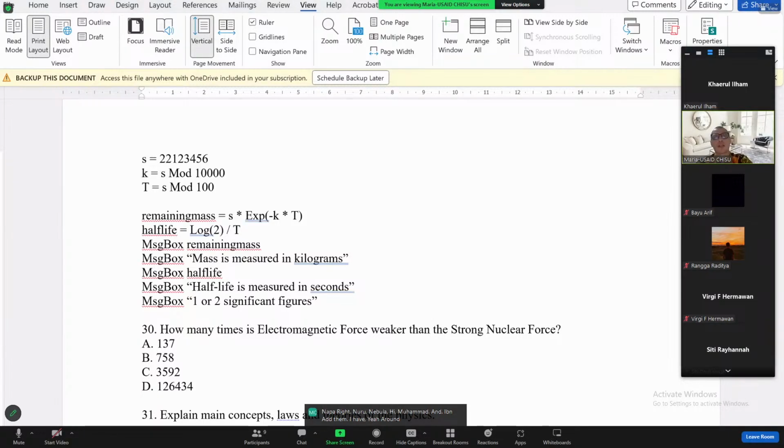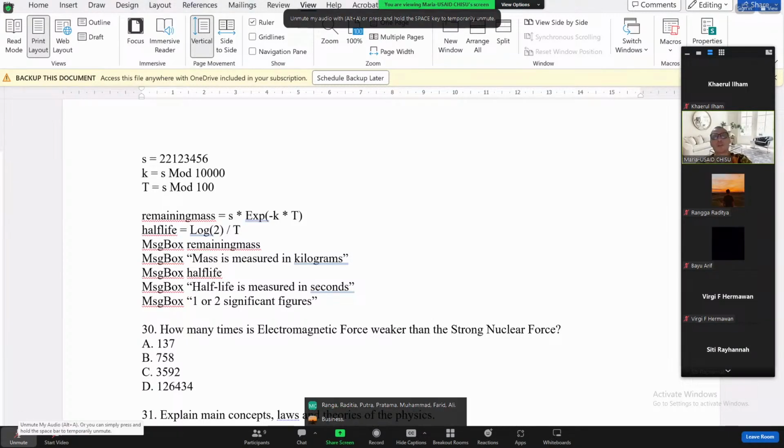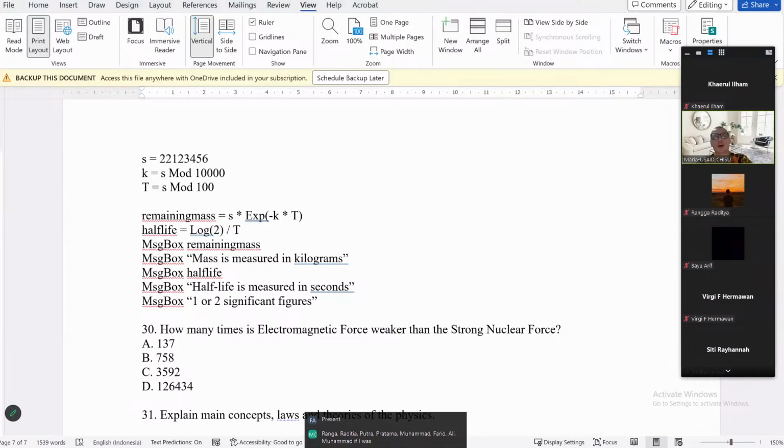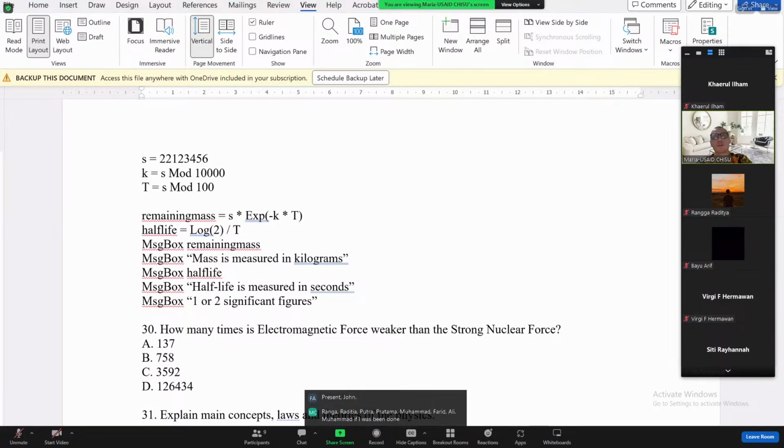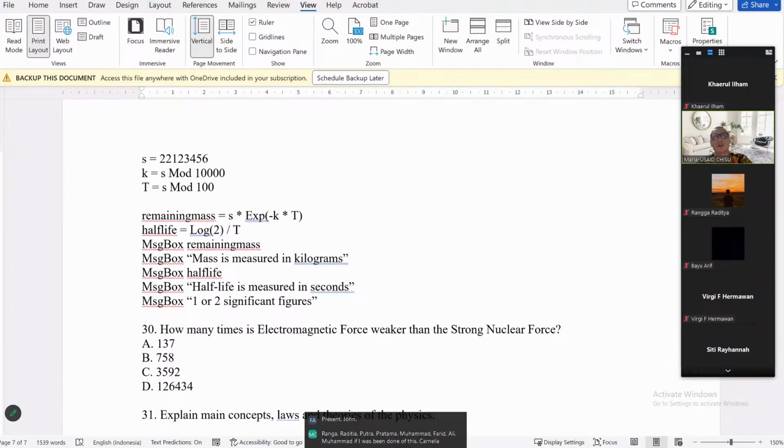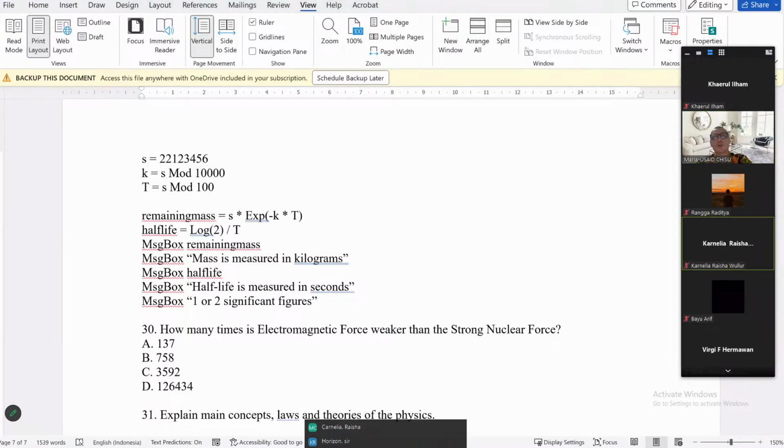Muhammad Farid Ali Wahyuddin, present, sir. Muhammad Fauzan Bintan Afdisa, Carnelia Raisha Wulur.